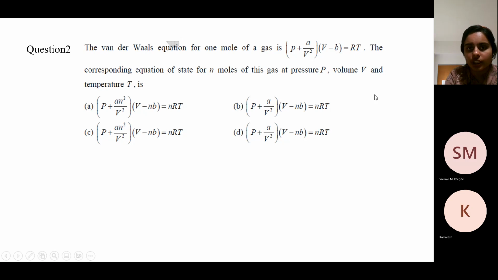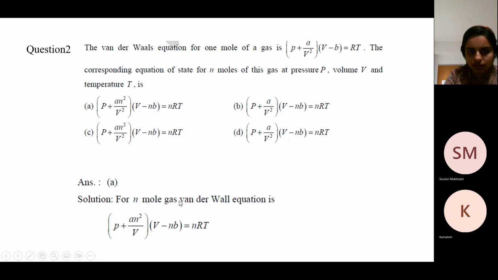So for n moles, here your A has changed to A into n square, and your volume has also changed by n times. So this is the expression that you get for n moles of a Van der Waals gas. Is this clear? Yes, ma'am. Right. Okay.